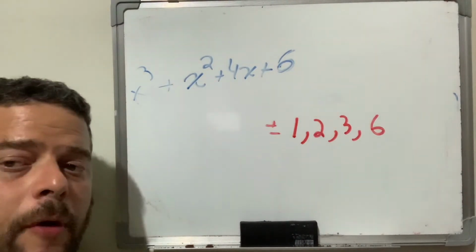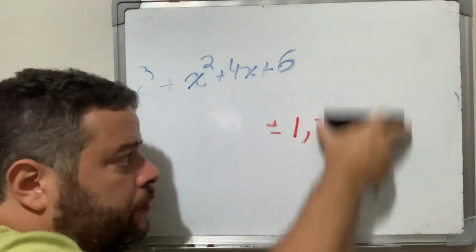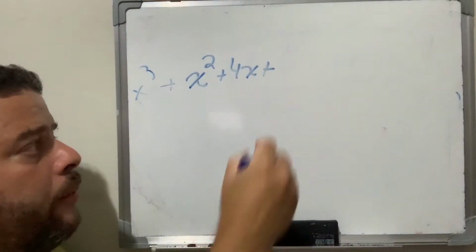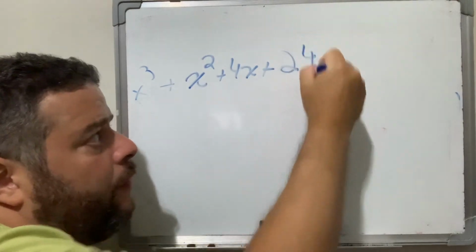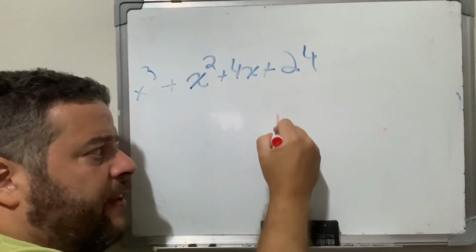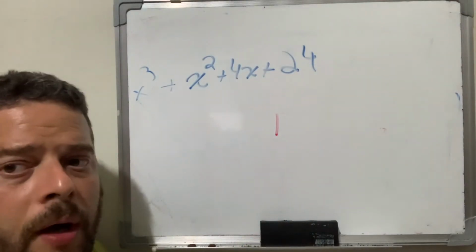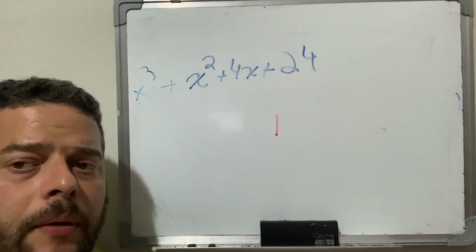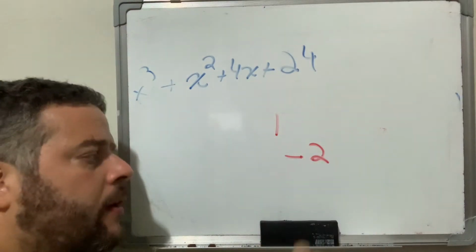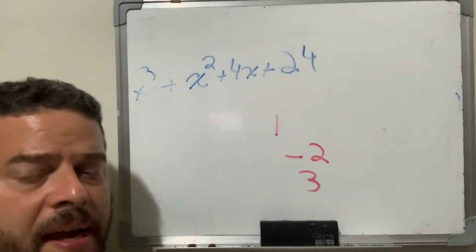And that's pretty straightforward. So again, let's focus on this particular polynomial, with constant 24. Could 1 be a possible zero? Yeah, it could. Could negative 2 be a possible zero? Yes. Could positive 3? Yes.